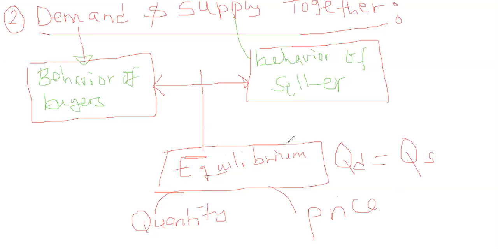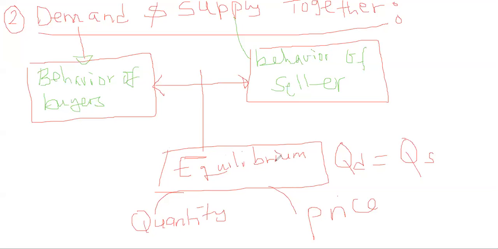So first, we need to understand what equilibrium is. It's just a situation in which the price has reached the level where quantity supplied is equal to quantity demanded. So the equilibrium level is the amount of goods and services that buyers and sellers are willing and able to buy and sell in the market.